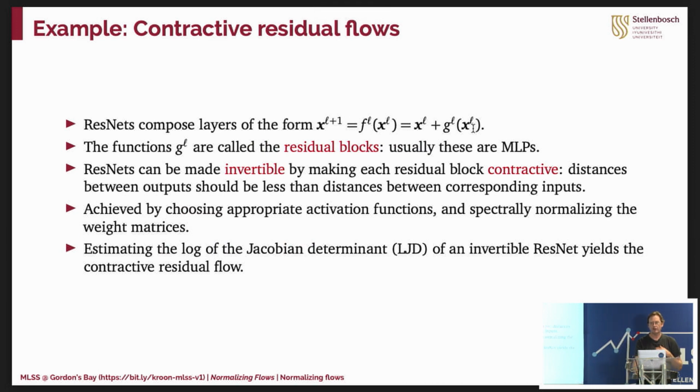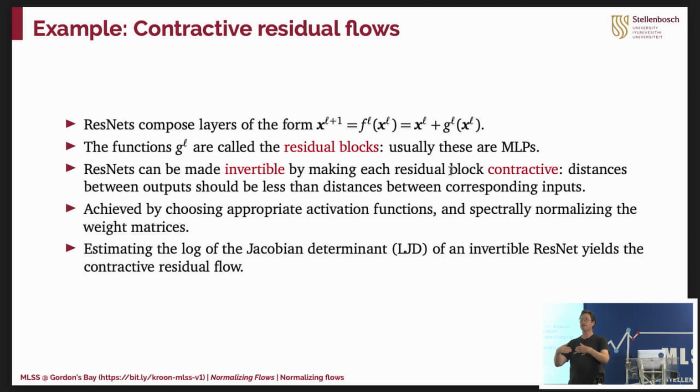Okay, note that I just said, hey, let's use a ResNet architecture, but remember that our transformations need to be invertible. If we want a ResNet to be invertible, we have to constrain this G in some way. We need to make this residual block what we call contractive, which means that if we push an input into that little network, the distances between outputs have to be smaller than the distances between inputs.